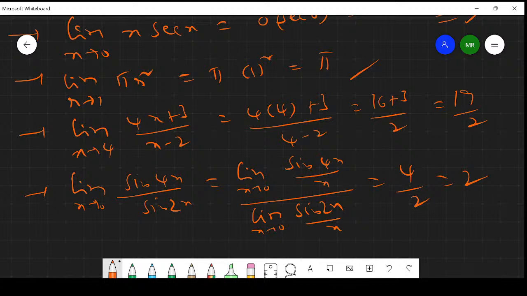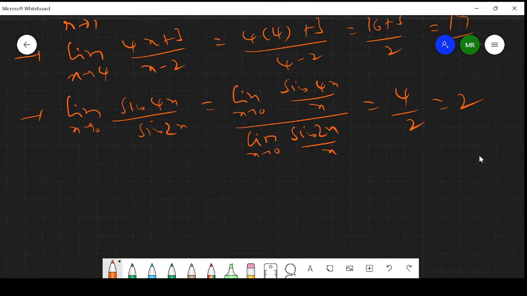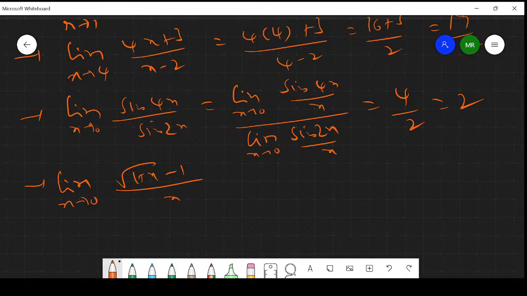Next one. Limit x tends to 0, root of 1 plus x minus 1 by x.